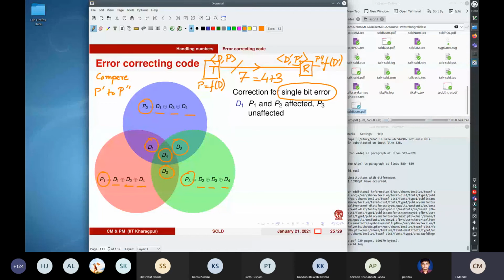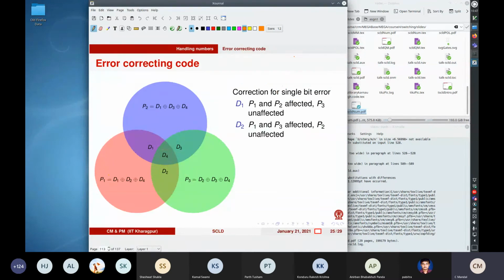So initially there could be a single bit error anywhere in D or in P. According to the analysis that you have done, you know which of these will be affected. So what you see is that if any one of these data bits are in error, at least 2 parity bits will be affected. If D4 is in error, all the 3 parity bits will be affected.